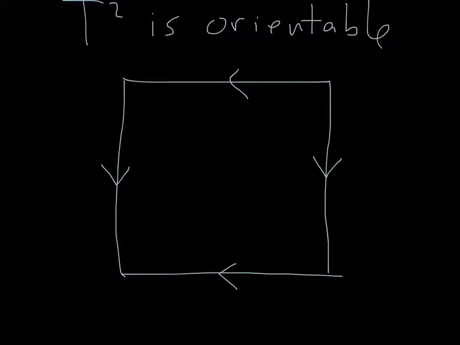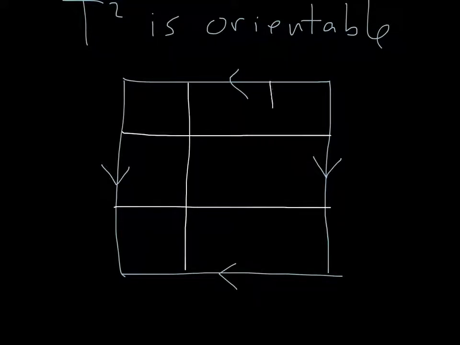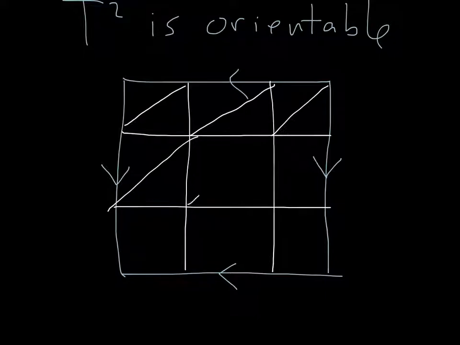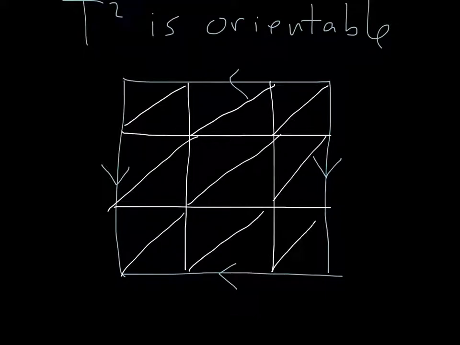Now we need to triangulate the torus, and this is the simplest way to do it. You just make it look like a tic-tac-toe board, and then draw your diagonals. So now the surface has been decomposed into triangles.